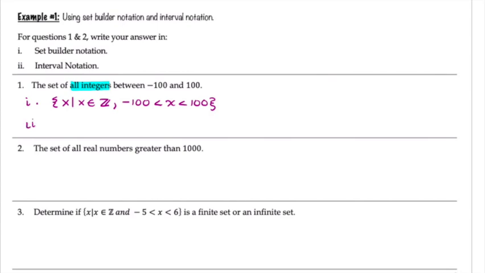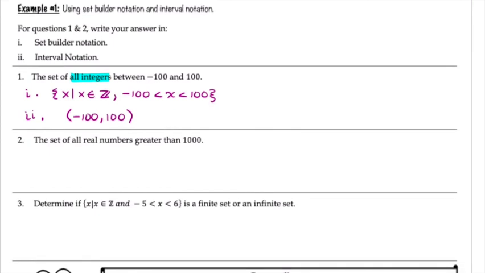For II, I'm going to write my interval notation. So we are going to just write our interval notation using brackets and parentheses. We're looking at negative 100 all the way to 100, and both these values are not included, so just parentheses around them both.